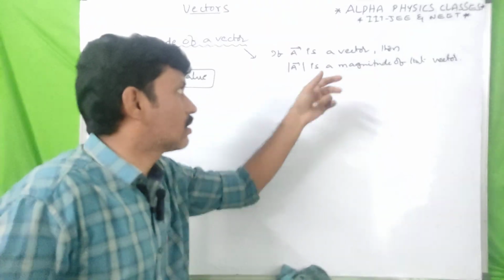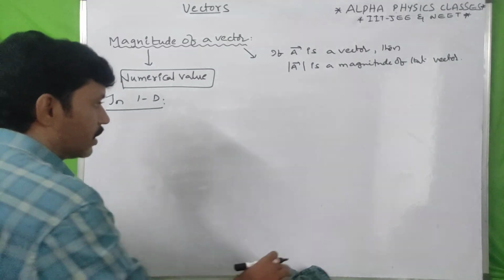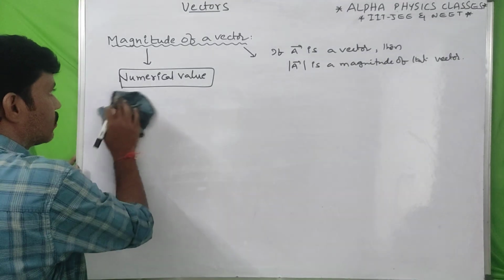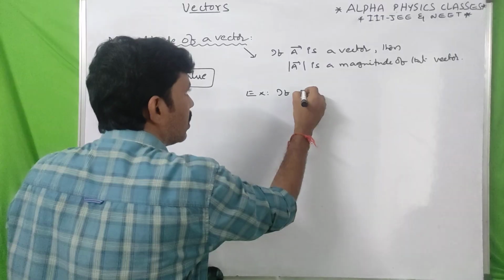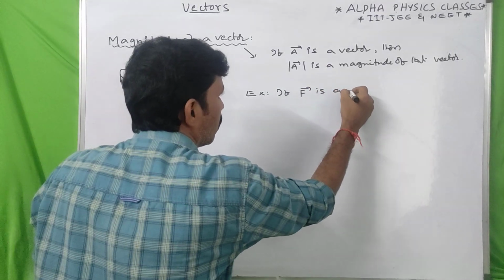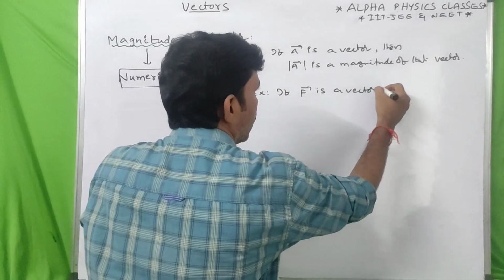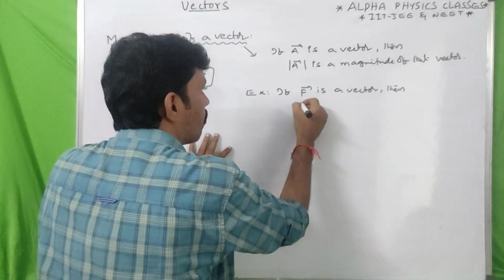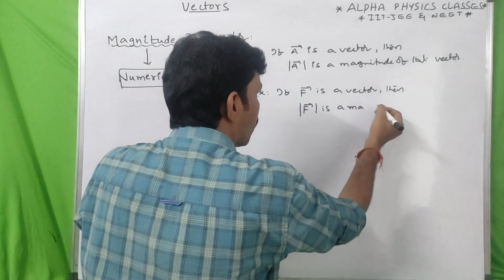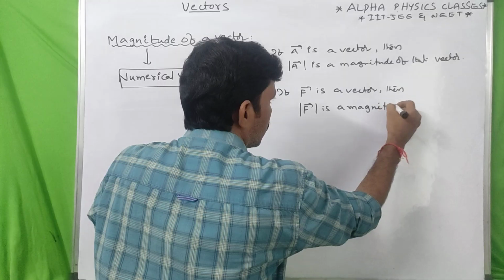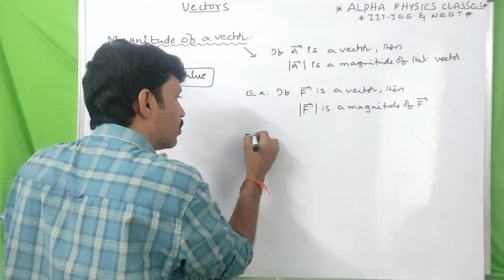If a bar is a vector, then modulus a bar is the magnitude of that vector. Clear? For one more example, if f bar is a vector, then modulus f bar is the magnitude of f bar.